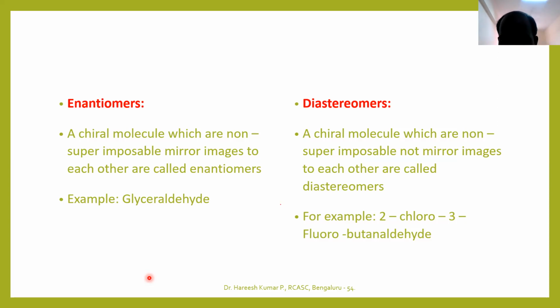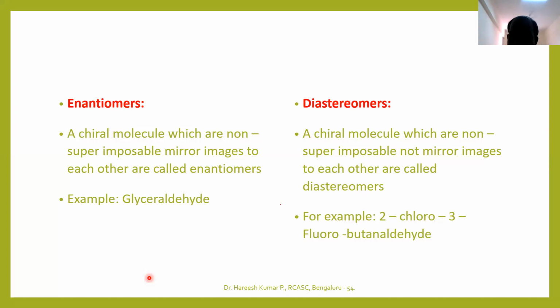For example, 2-chloro-3-fluorobutanal. Okay, so you can give that as an example, and you can also give a few more examples. I will explain what all you can give at a later stage. So with this, I will go to the next slide.